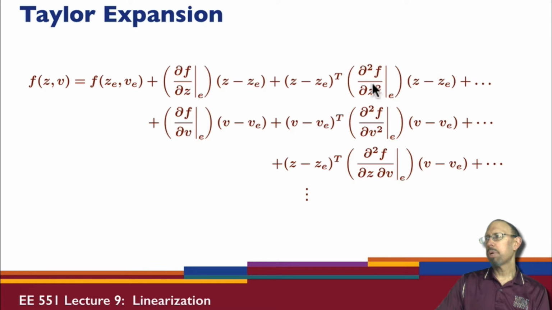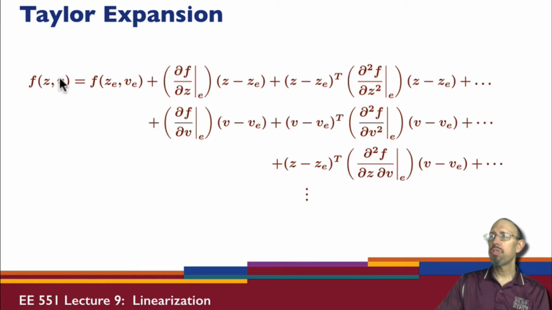When I take the second partial with respect to z, this actually becomes what's called a 3D matrix. And so it's definitely more complicated. So this is how that is expressed. Whenever you studied Taylor expansion, for example, in your calculus class, you didn't look at it when the variables were vectors. You looked at it when the variables were scalars, and that makes things a whole lot easier.